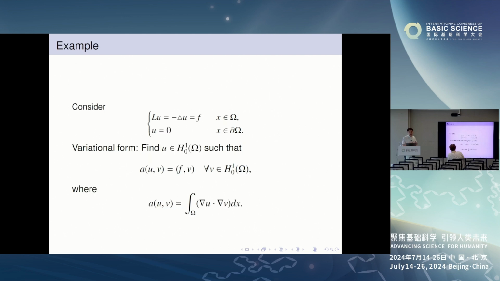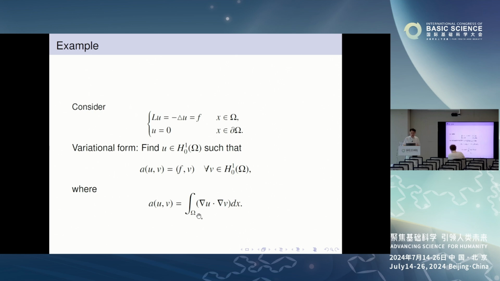This is a simple example. If you just consider the Poisson equation, V is exactly the H01 space, and in this case the variational form is like this, and here the bilinear form can be written down like this.